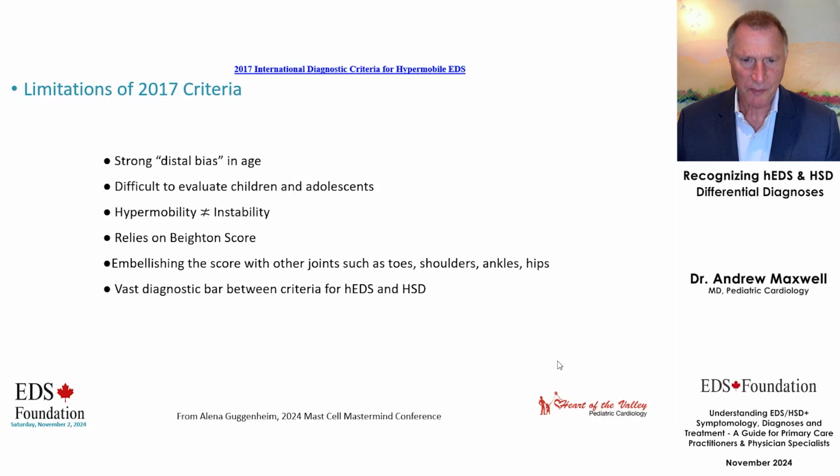It relies heavily on the Beighton score, and a lot of patients will not necessarily be hypermobile in the joints that the Beighton score assesses, but will be hypermobile in other joints. So that excludes those patients.